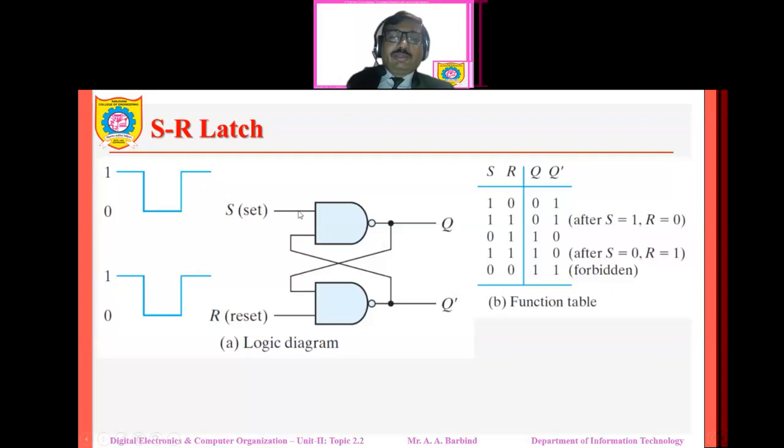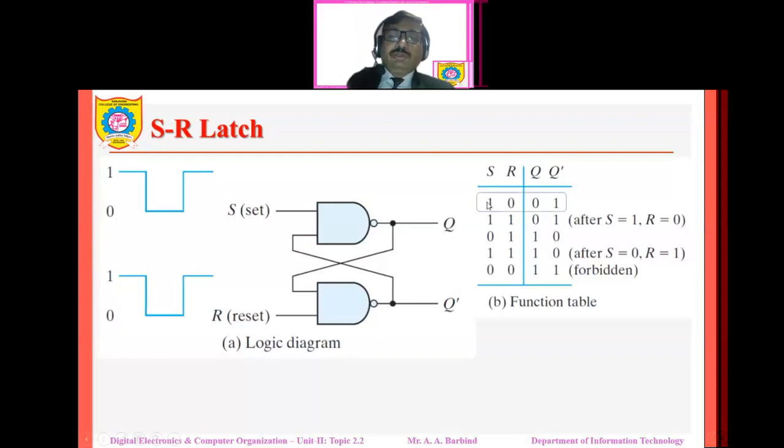The other inputs of the NAND gates serve either as the set input or reset input. This is the function table for the SR latch. So we shall go through this particular function table.